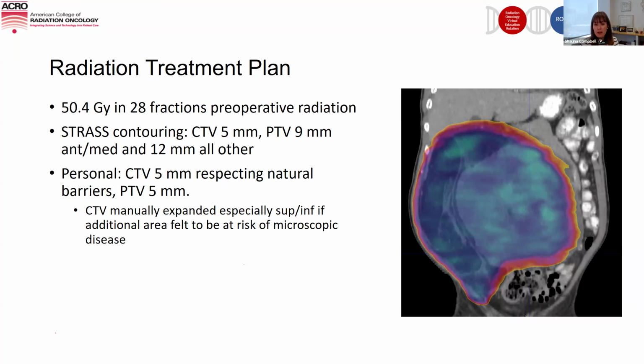The CTV was 5 millimeters per STRASS, and then you can see this asymmetric PTV expansion. You really have to acknowledge that in these tumors there are a lot of normal structures close by, so when drawing your CTV you want to be very cognizant that you're not going into the bowel.